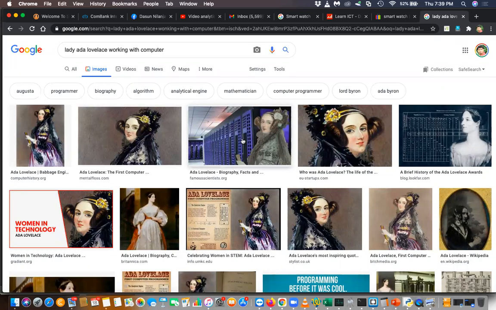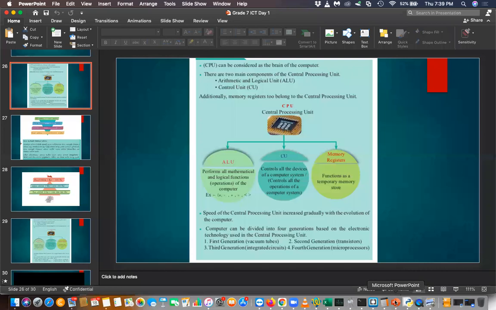Okay, so that is the history part. She was called the first programmer, Lady Ada Lovelace, who started programming a computer.